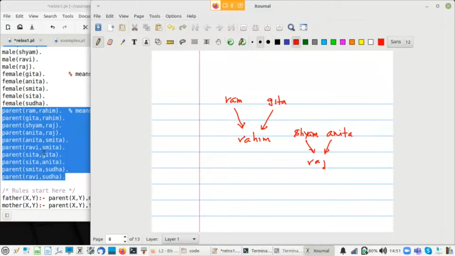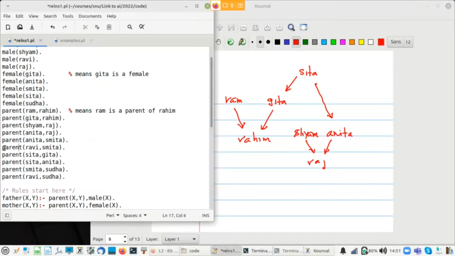Okay. So we have yet another relation. So Sita is Geeta's parent, so we have Sita coming here. Sita is also Anita's parent, so this Sita is Anita's parent, okay, and Ravi is Smita's parent.